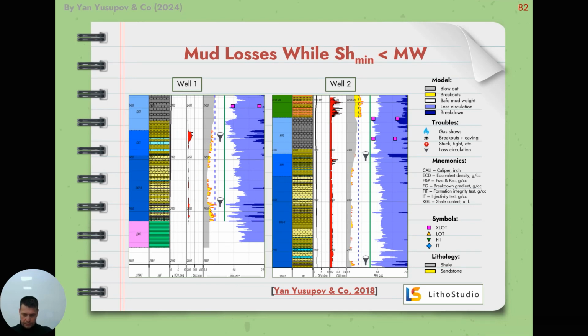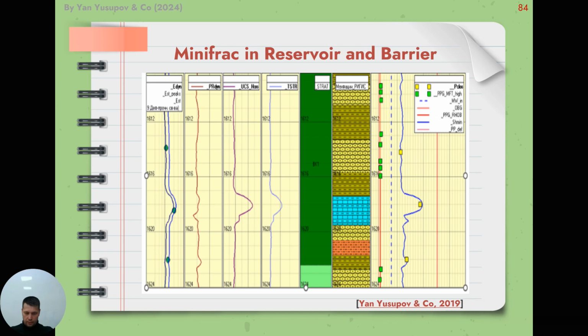This is one of the examples of ECD equal to SHmin. After this, a big amount of losses were observed.